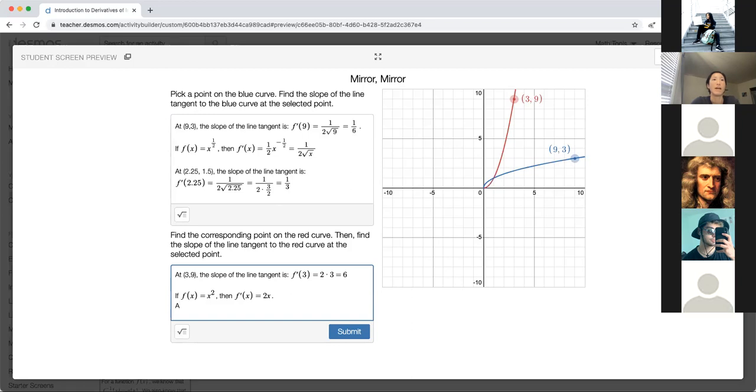So let's see, at 1.5, 2.25, the slope of the line tangent is f prime of 1.5, 2 times 1.5, equals 3.